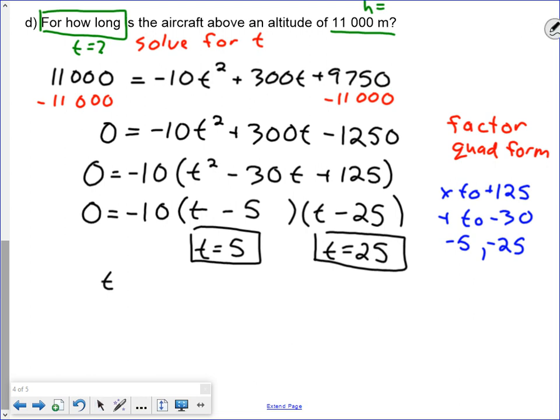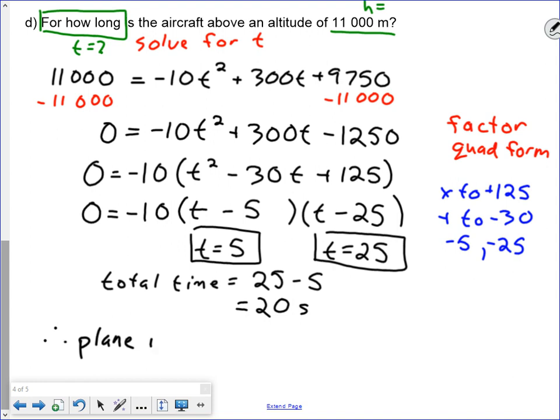So that total time is going to be 25 minus 5, or 20 seconds. So therefore, the plane is above 11,000 meters for 20 seconds.